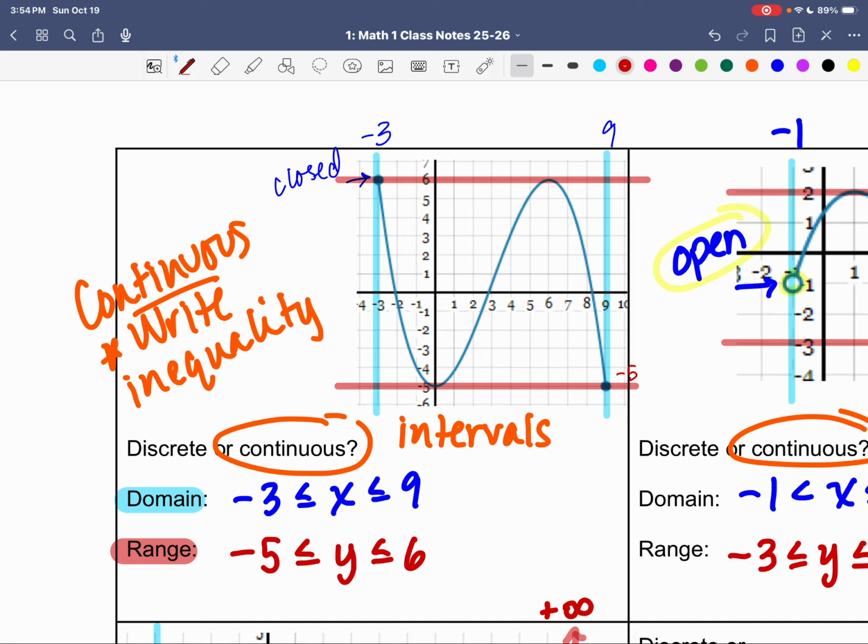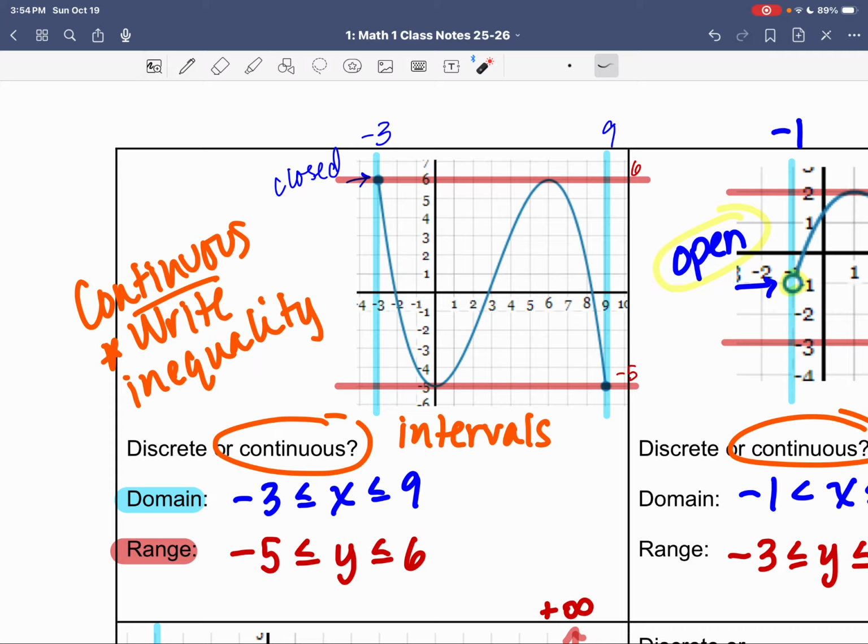And then it goes up to 6. So if you look here, this is -5, and it goes all the way up to 6. So that's our range, and that's why I put -5 to 6, but this time I put y in the middle, because it could be any of those values. Oops, sorry, I meant to go this way, for your y value or your range.